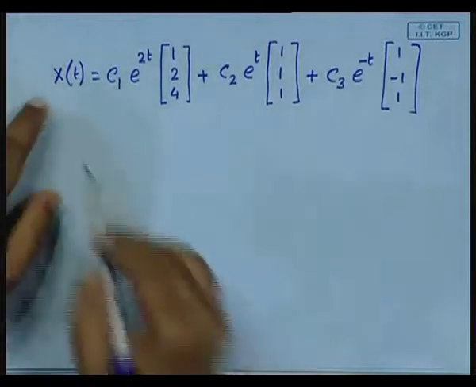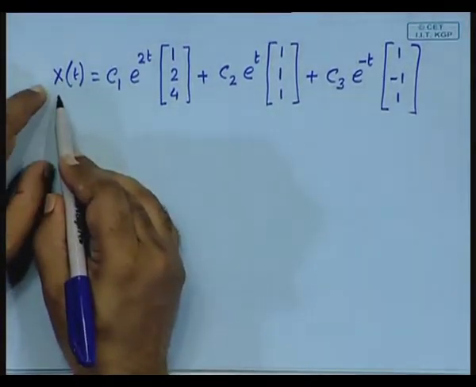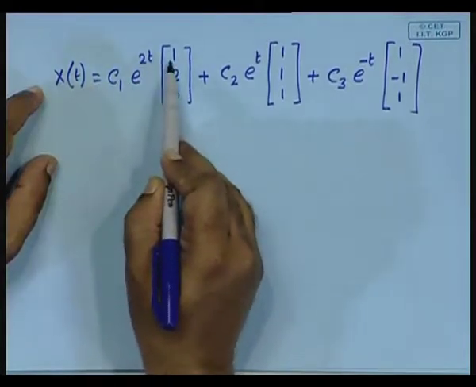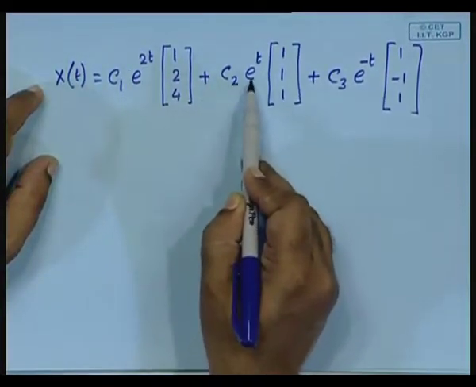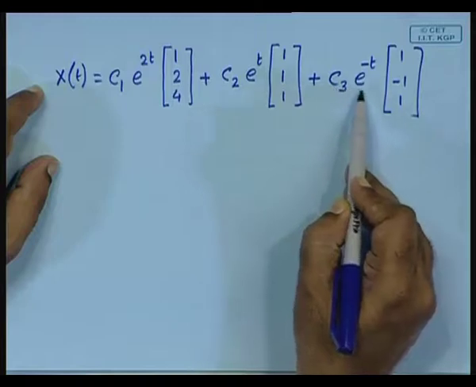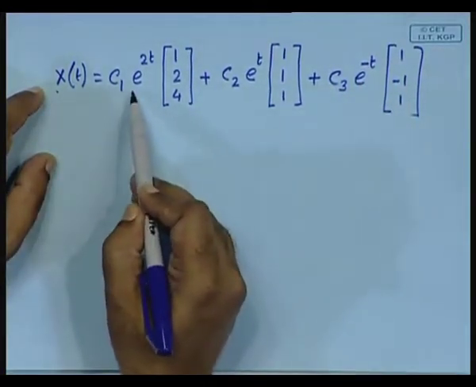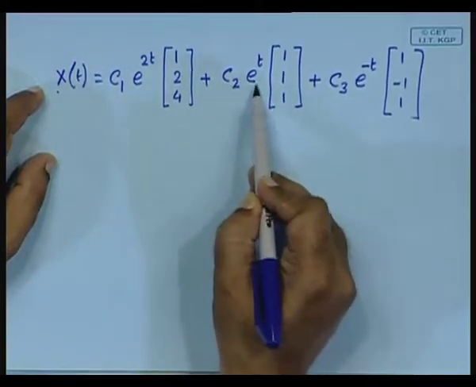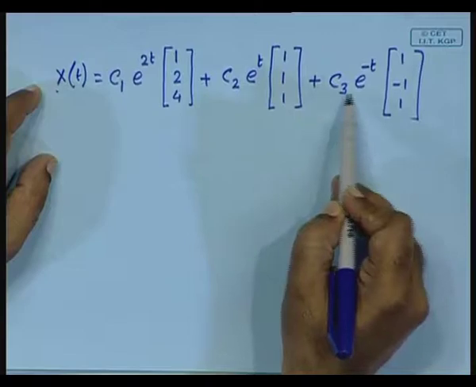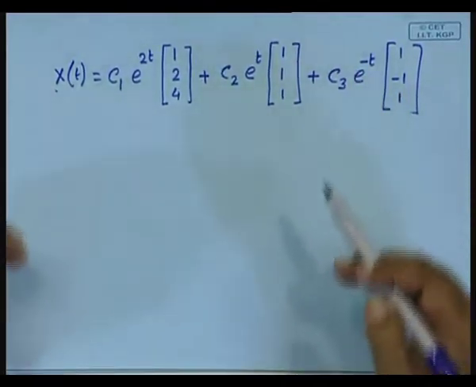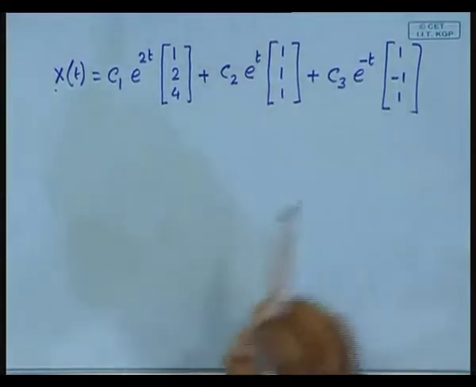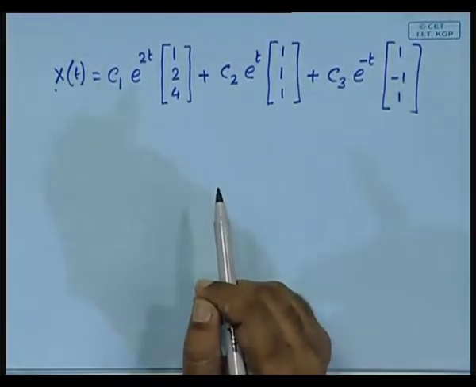Which means the first one x, second one y, third one z. x of t will be C1 e to the power 2t plus C2 e to the power t plus C3 e to the power minus t. y t will be C1 2 e to the power 2t plus C2 e to the power t minus C3 e to the power minus t, and so on and so forth, and these C1, C2, C3 will have to be obtained from the initial conditions. Is that clear?